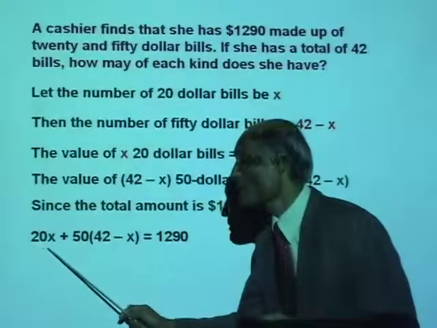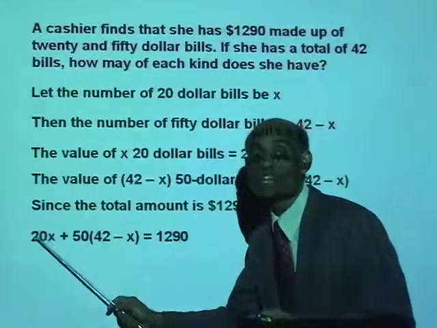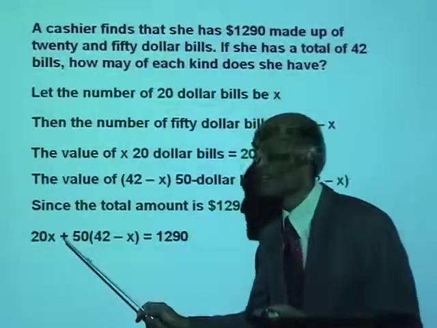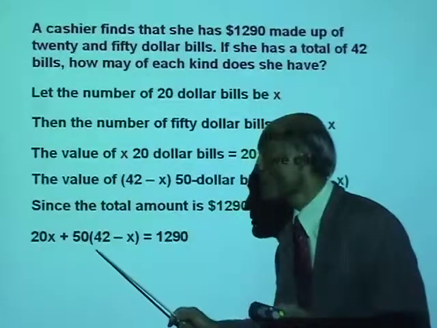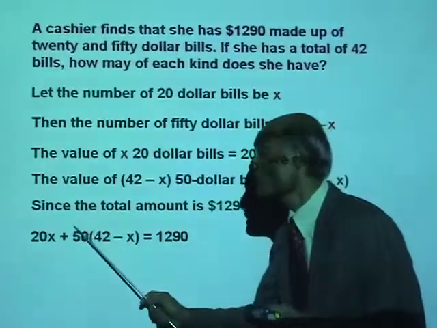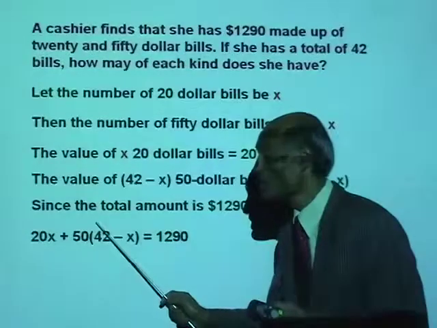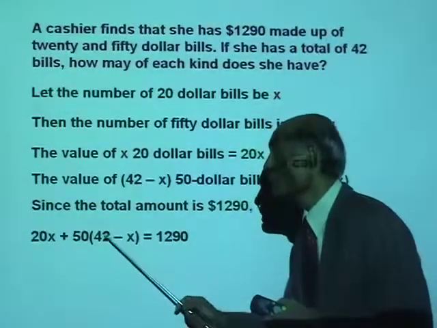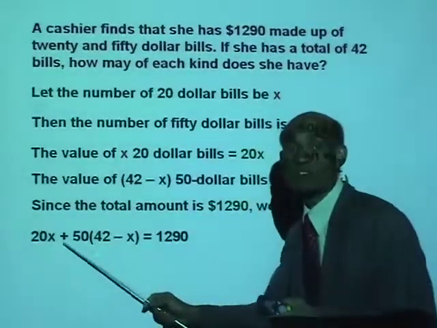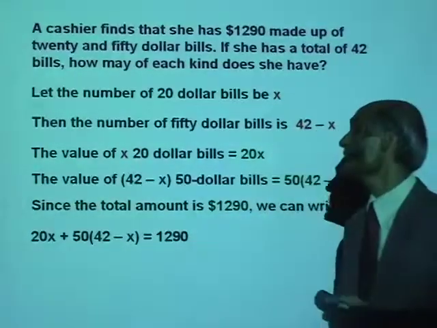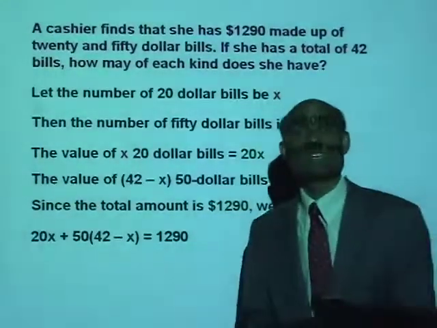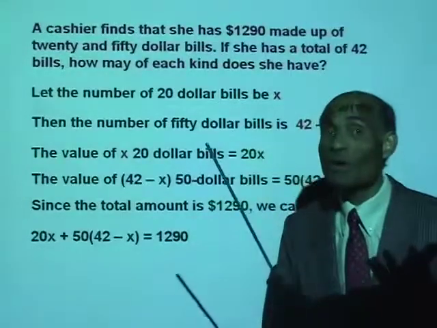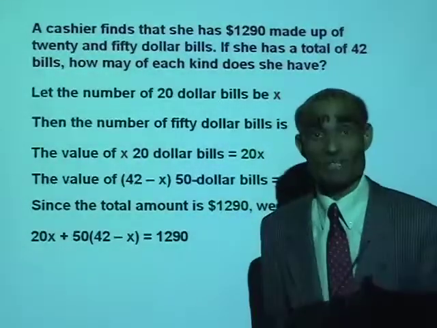The total amount of money in $20 bills is 20 times x, plus the total amount of money in $50 bills is 50 times the number of $50 bills, 42 minus x. And that total amount of money is 1,290. We now have our equation. We can now solve it.